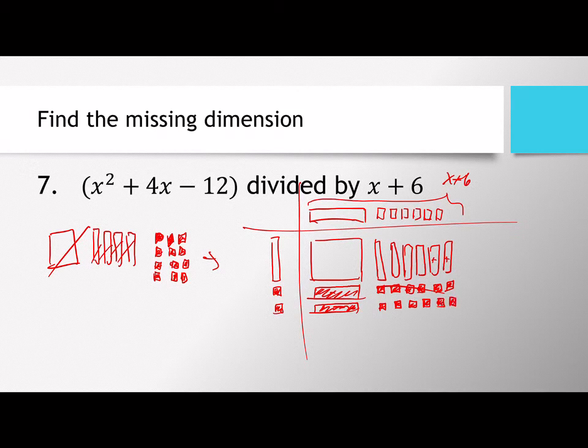So you have negatives on the right edge with that vertical dimension. 2 negatives there, and then all the other negative units to get to negative 12. So this dimension right here is my answer, and it's x minus 2. Therefore, x squared plus 4x minus 12 divided by x plus 6 is equal to x minus 2.